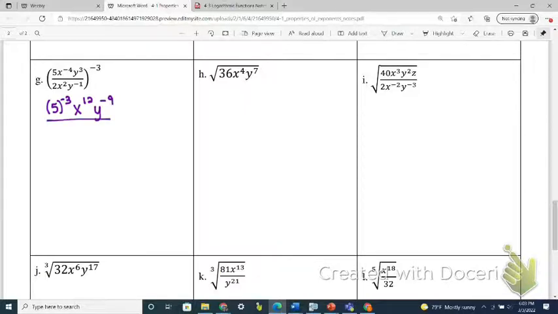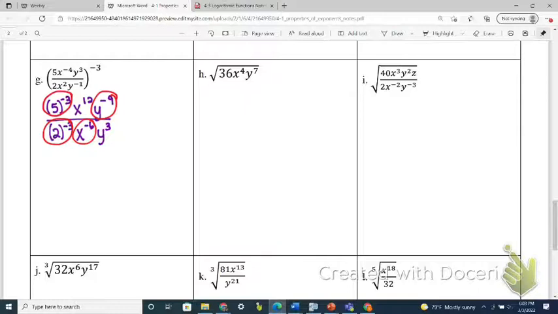On bottom, I have 2 to the negative 3rd, x to the negative 6th, y to the 3rd. So anything that has a negative exponent is going to switch positions. So if it's on the bottom, it's going to the top. If it's on the top, it's going to the bottom.